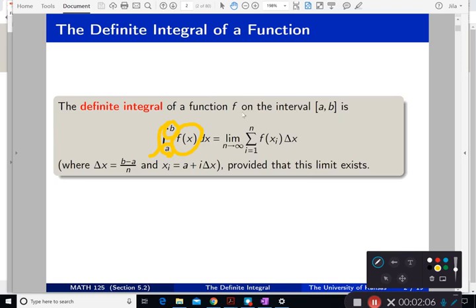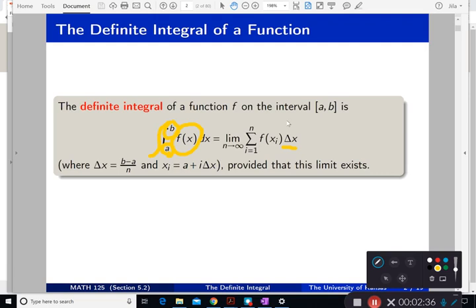And so this is going to be the limit of the summation i equal to 1 to n, as n goes to infinity, of f of xi delta x. I said dx has nothing to do with the integrand, but dx is actually the substitute in this sum for delta x. We've done this before when we were doing differentials: dx and delta x are similar concepts.